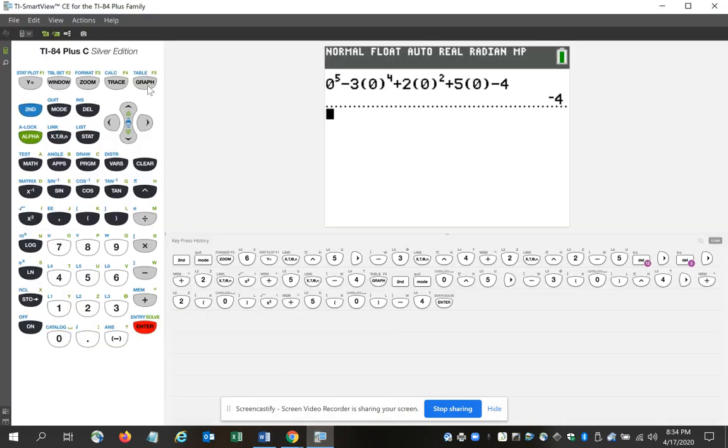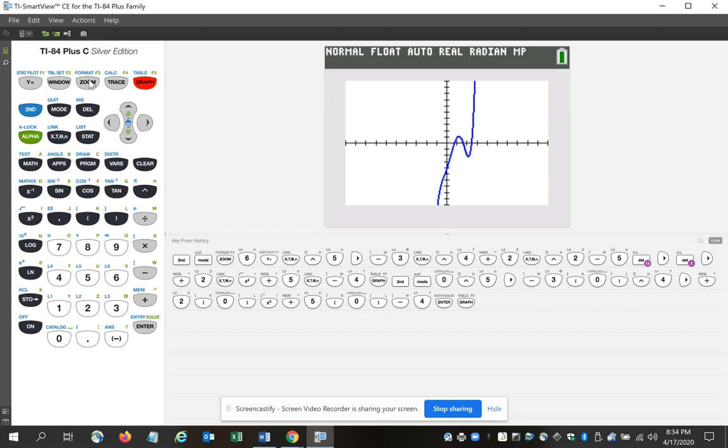So if I go back to my graph, and again, I'm going to zoom in here so I can hopefully see it a little bit better. It's thinking about it really hard. Okay. I can see here's 0, 0. And so I see that it crosses between 0 and positive 1. It crosses again between positive 1 and positive 2.